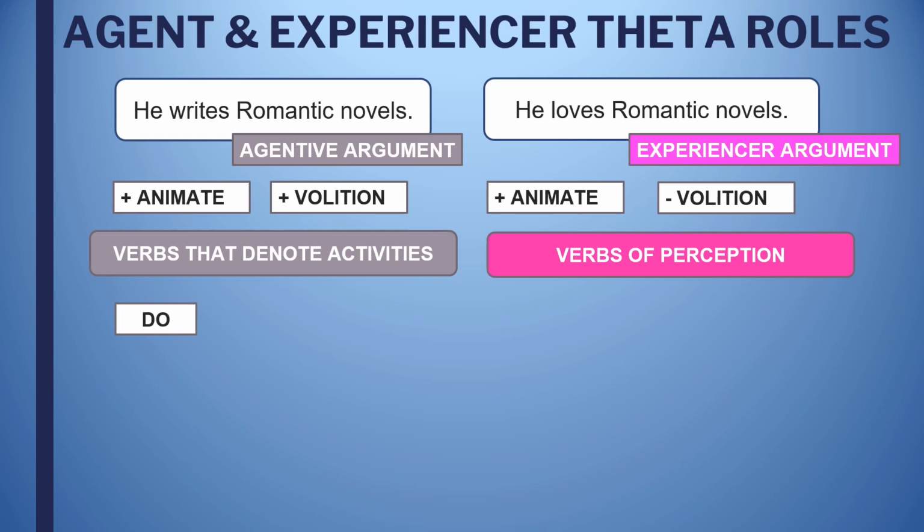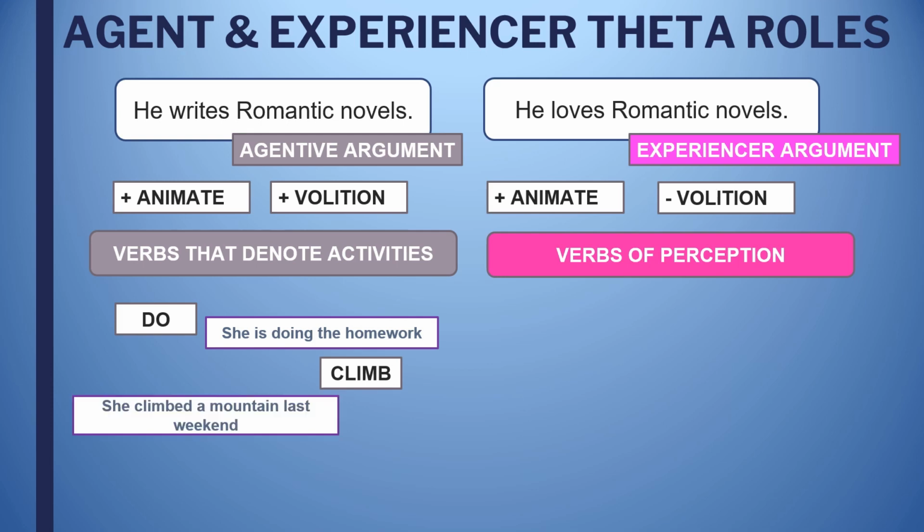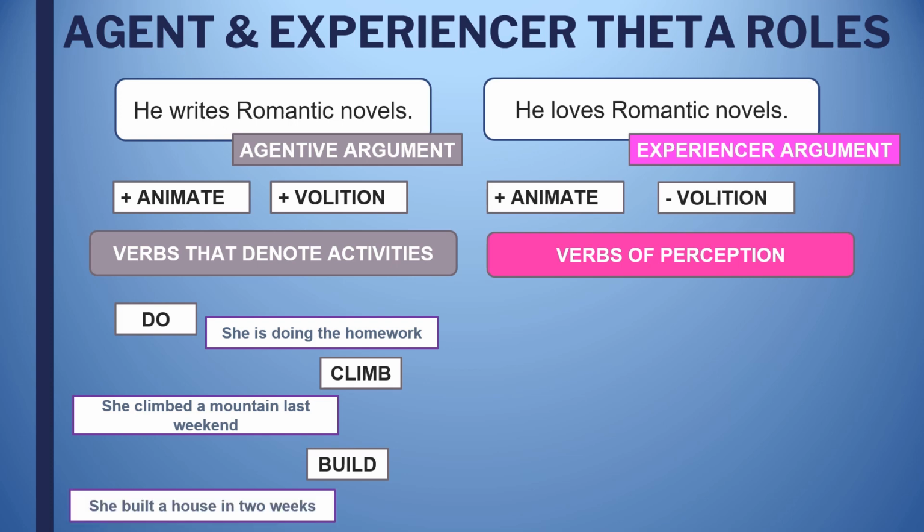Activity verbs such as do in she's doing the homework, climb in she climbed a mountain last week, or build as in she built a house in 2 weeks, assign the theta role of agent to their external argument.